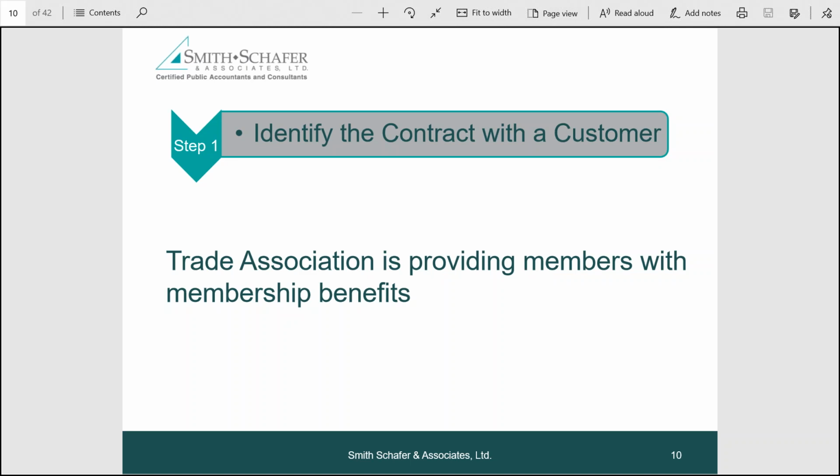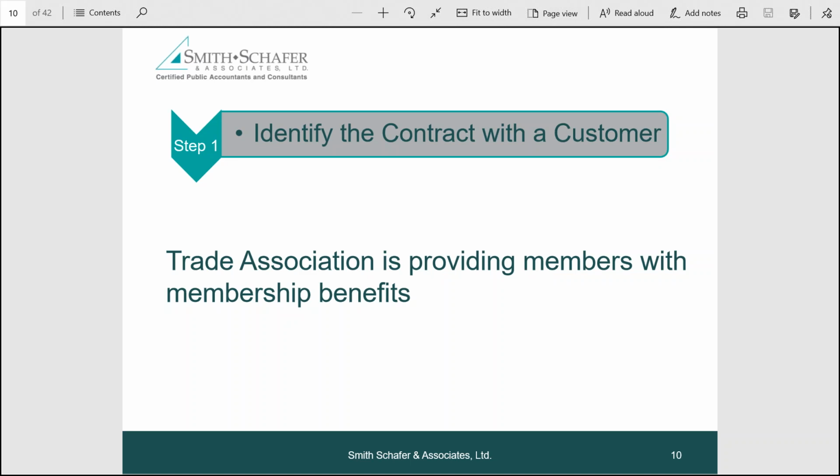There's technically 5 criteria that we're not really going to go into, but what we really need to know about step one and the definition of a contract is it's a very low threshold. For the most part, if you're receiving money from somebody, chances are that's going to justify a contract.